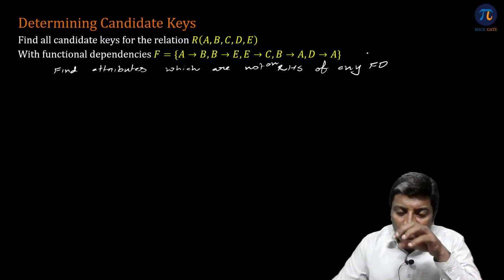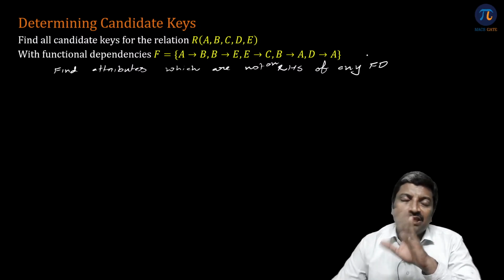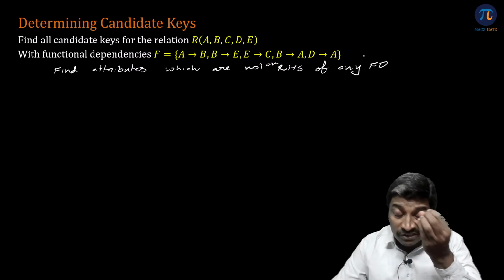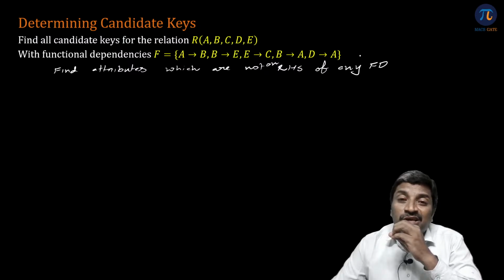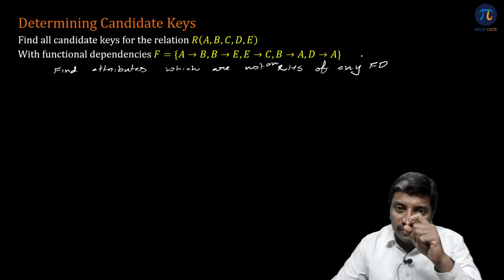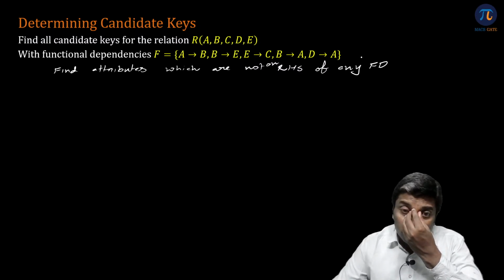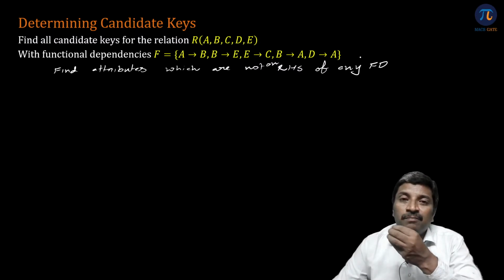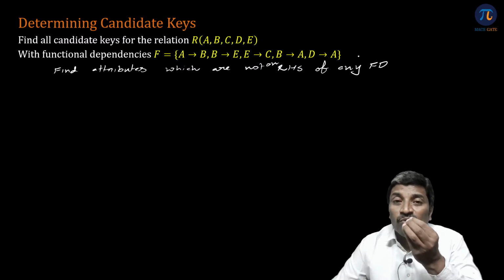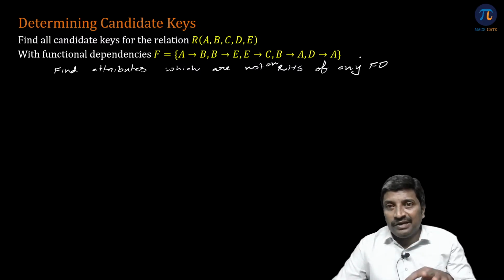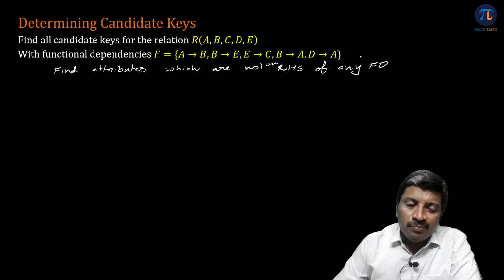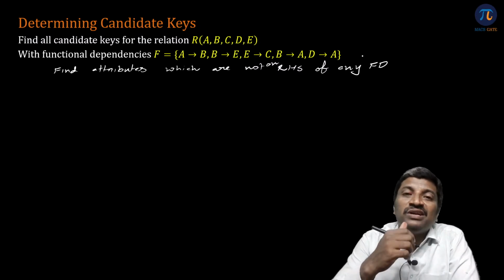Suppose I have an attribute X. It is not present on the right side of any functional dependency. What does that mean? I cannot get the value of X by using anything else. Then in such a scenario, in my candidate key, X must be present. Because if X is not there, who will get the value of X?